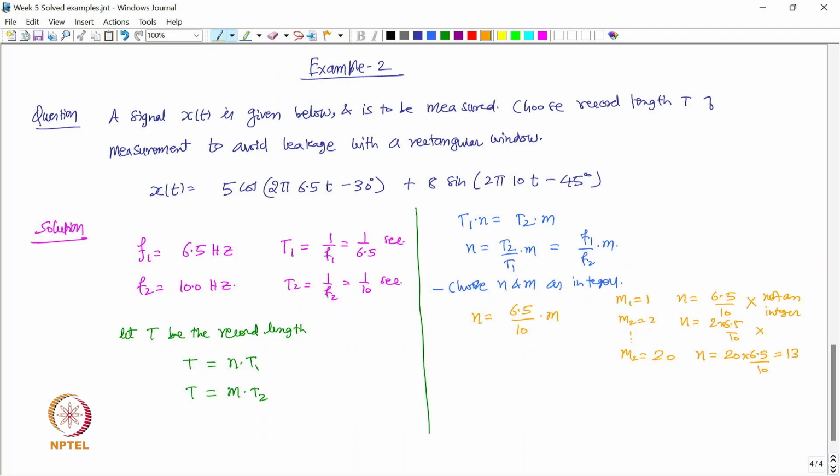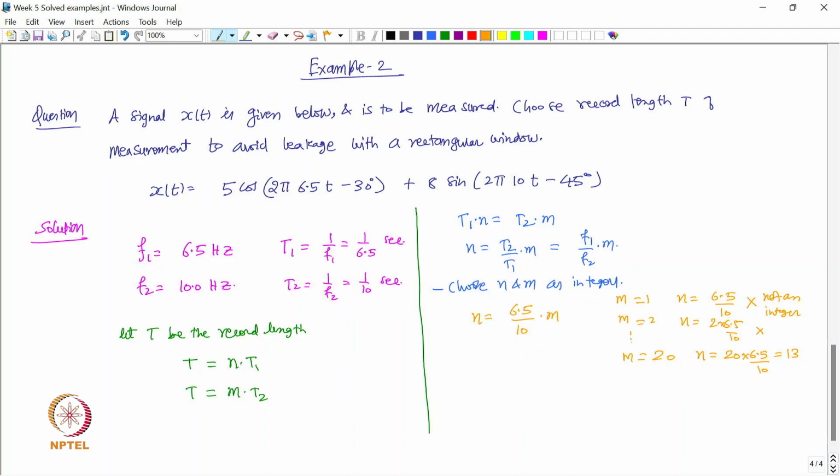So, now n equal to 13 is an integer. I should not have written the subscript on m; it should be simply m. Let me correct that.